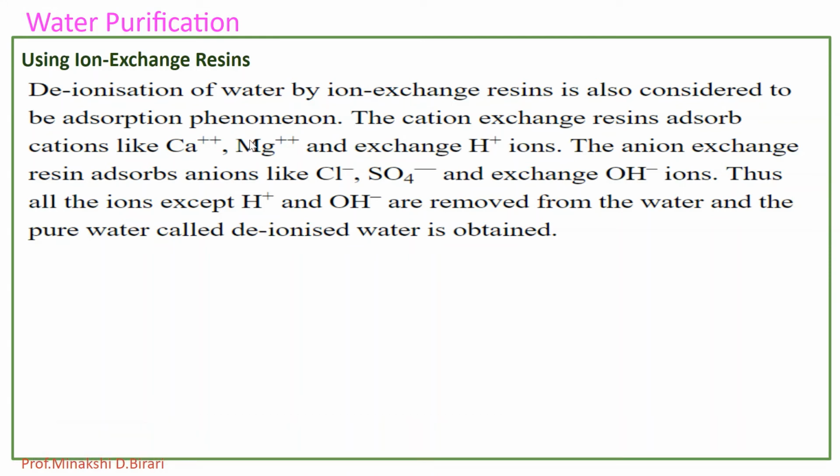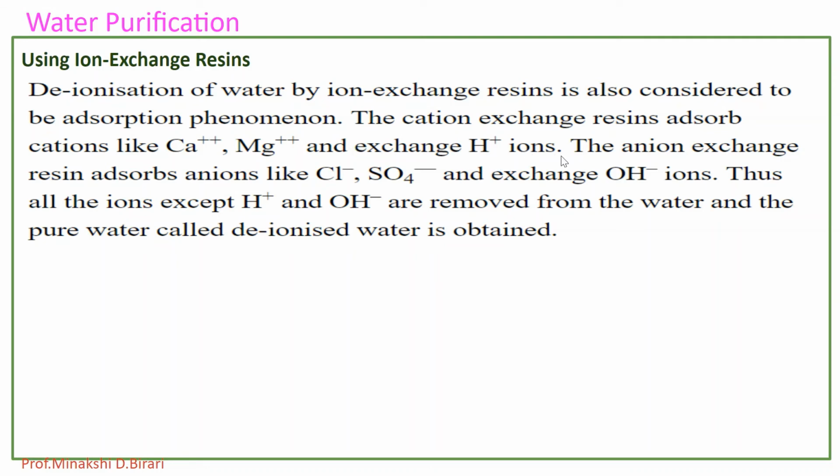The cation exchange resins adsorb the cations like Ca2+ and Mg2+ ions. So due to the presence of these ions in the water, water becomes hard water. So Ca2+ and Mg2+ impart the hardness to the water. By removing these from the water, it is converted into soft water.